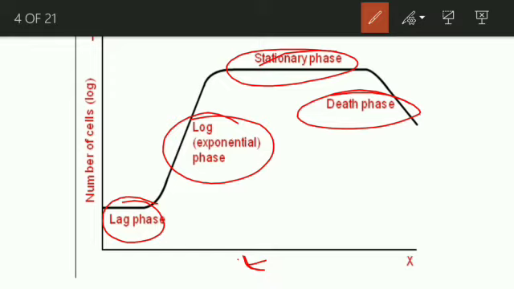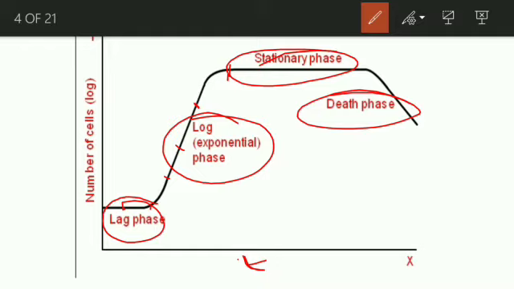Now each and every time we are talking about the number of cells, so this number of cells should be measured at each time interval. Every half an hour or 1 hour you need to take that reading. Then only you will be able to plot this kind of graph.